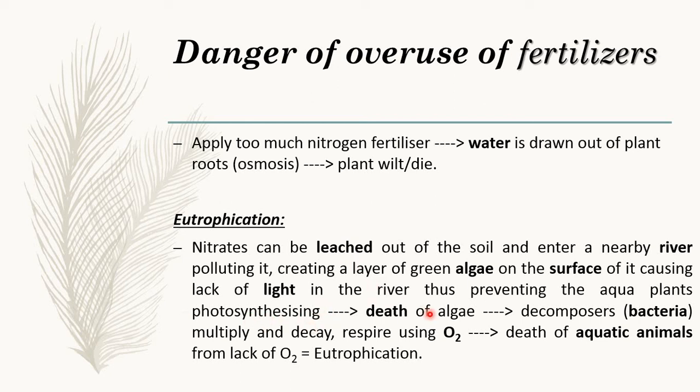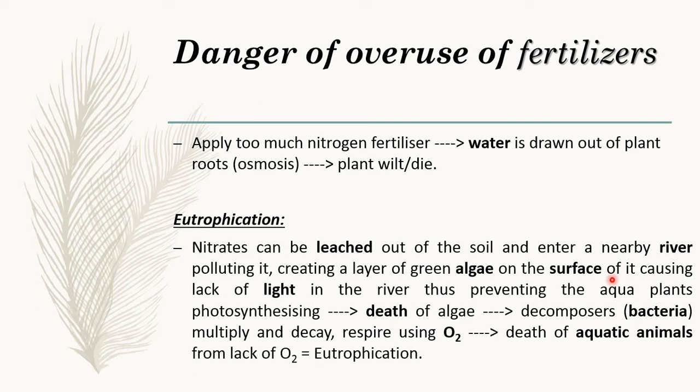Because of the growth of algae, the decomposers, for example bacteria, will multiply and decay the dead matter, and the bacteria will respire using the oxygen. This will cause the death of aquatic animals from the lack of oxygen, because of the competition between the bacteria and the aquatic animals.